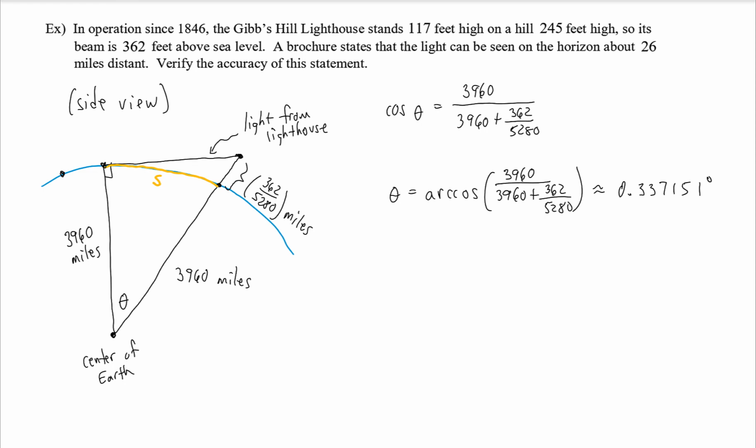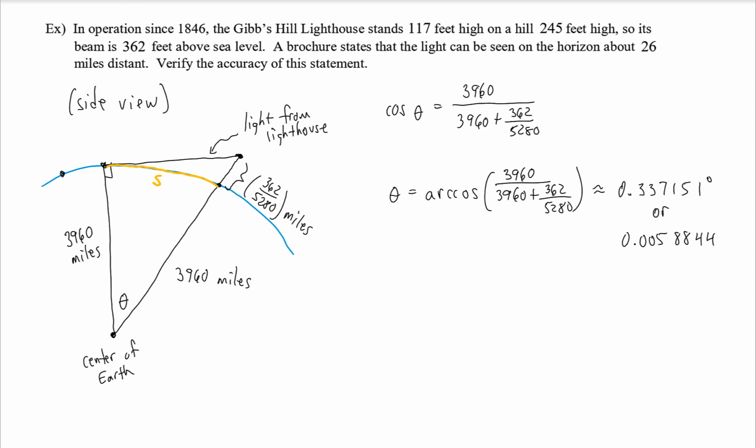So it's about 0.33715 degrees. When it's so tiny, I'm going to use a lot of decimals here. And if we want radians, radians is 0.0058844, I believe. I typed in my calculator correct.